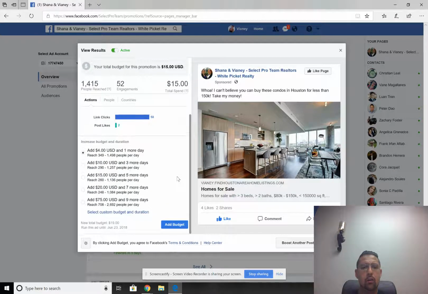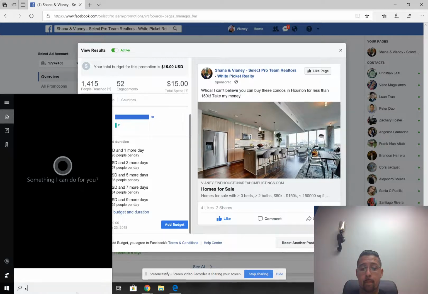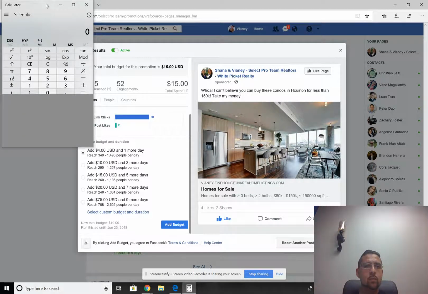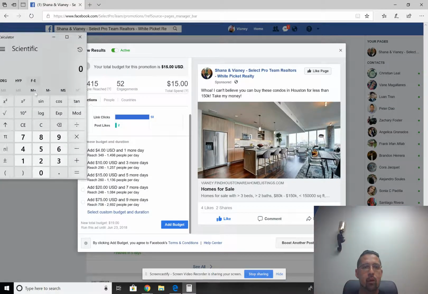Now, the other thing that we want to look at is here. So we have actions, and we see that 50 people actually clicked on the link. That's pretty good. Out of 1,400, 50 clicked on the link. So you can actually figure out by going in and just doing some very simple math what your engagement was. So she had 1,415 people reached, and then we're going to divide that by 52 engagements.